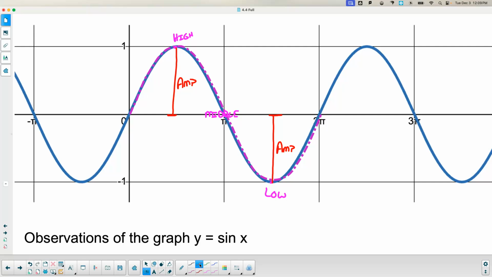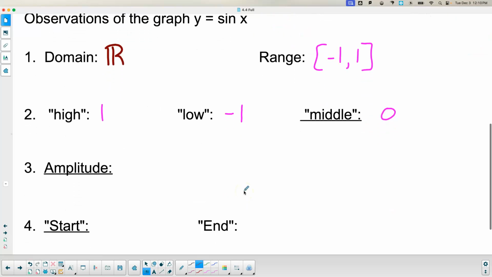That is what is called the amplitude of the wave. So the amplitude of this wave would be 1. The distance from the middle to the high is 1. Middle to the low also 1.